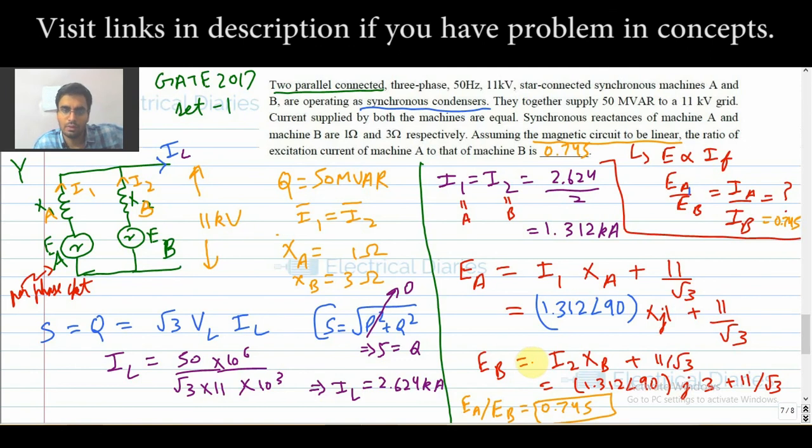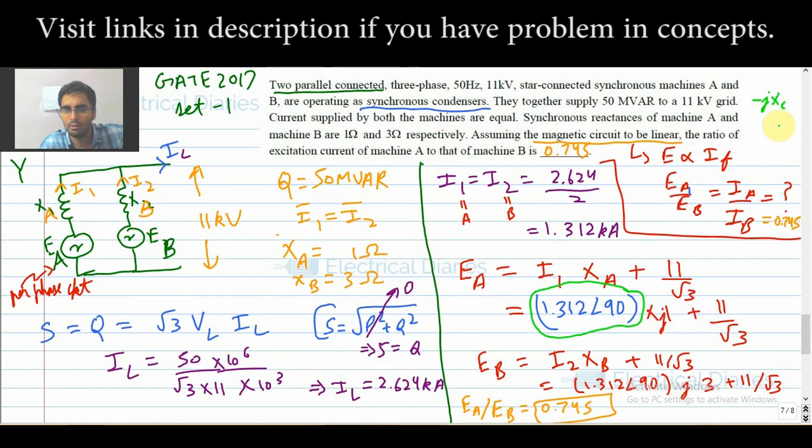So the key point here is, if you're not getting it, then you can always visit the links in the description. I will give you just a brief idea here. It's a capacitor load. How do we write the impedance for a capacitor? We write impedance for a capacitor as minus jX.